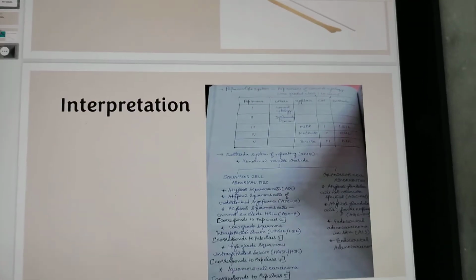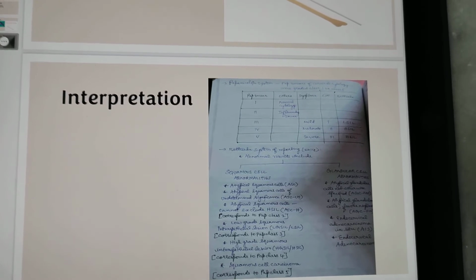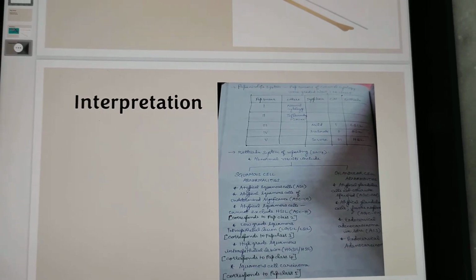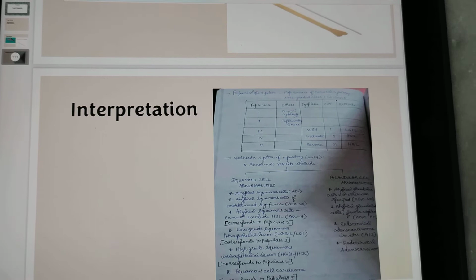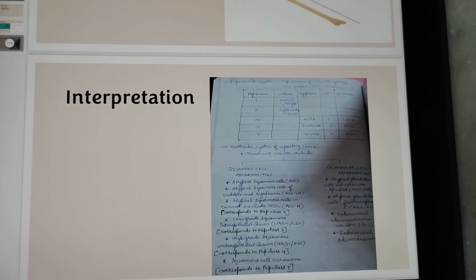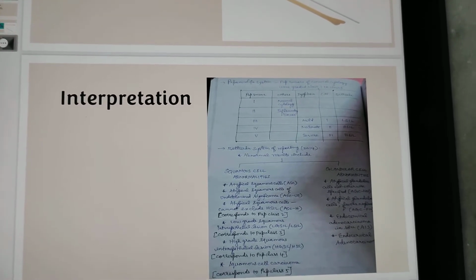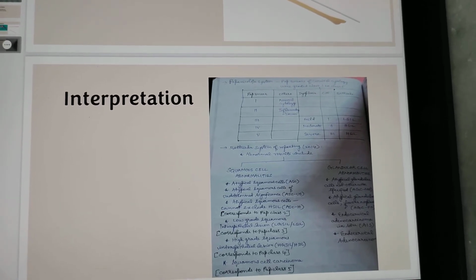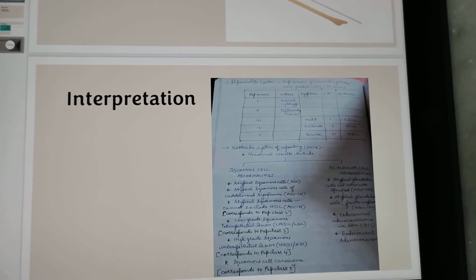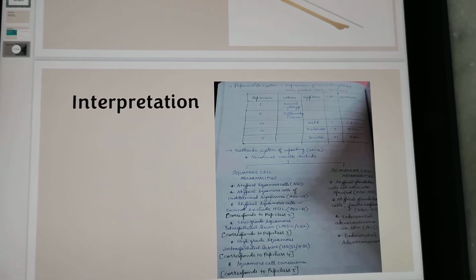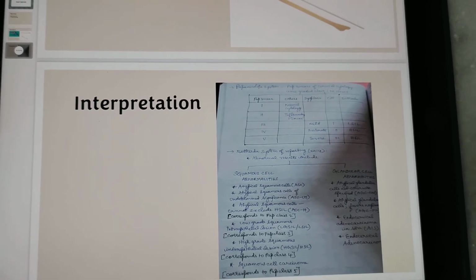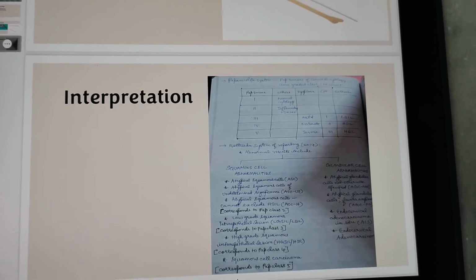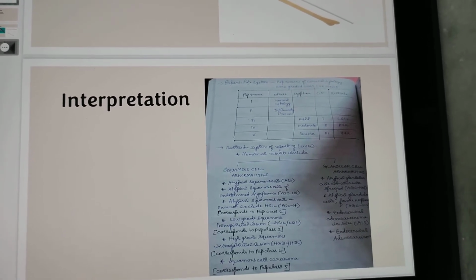So regarding the Pap smear, you grade into 1, 2, 3, 4 and 5. The first grade is a normal cytology, as you can see in the picture. The second grade is an inflammatory smear, and the third grade is mild dysplasia and cervical intraepithelial neoplasia grade 1, or according to the Bethesda classification, LSIL.